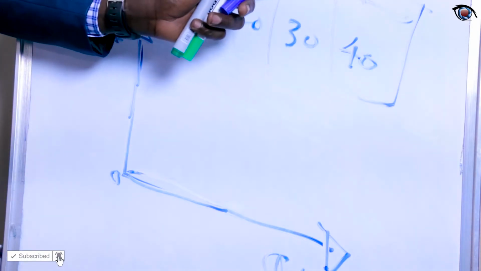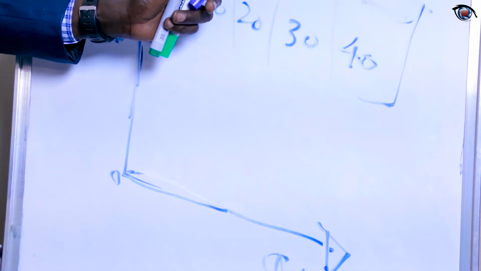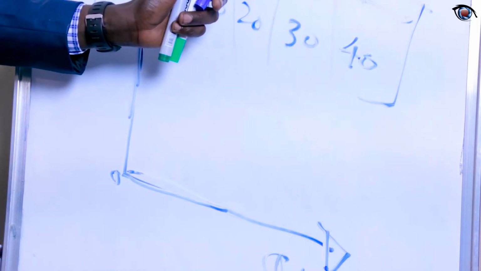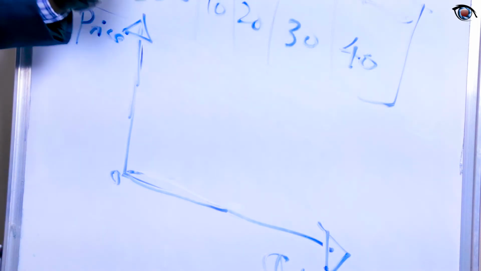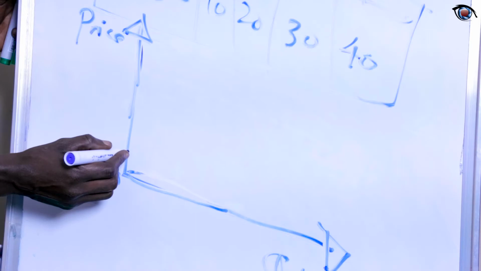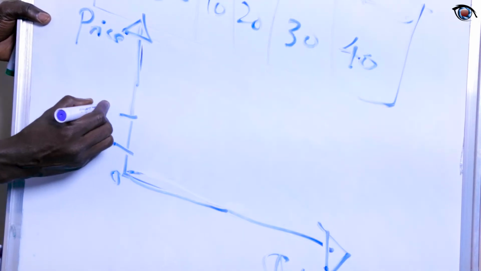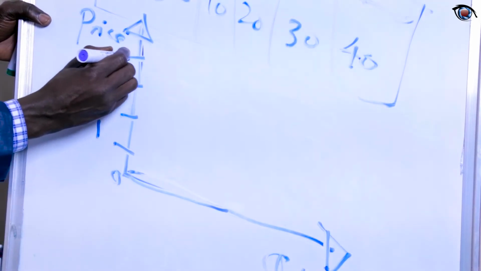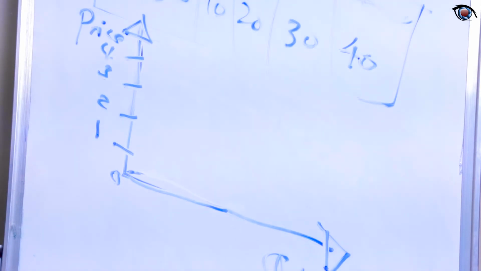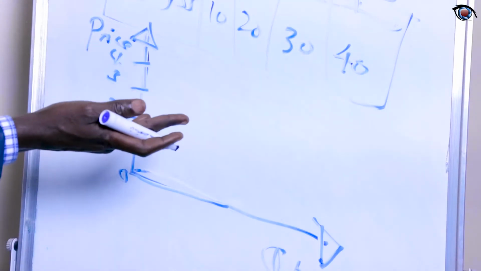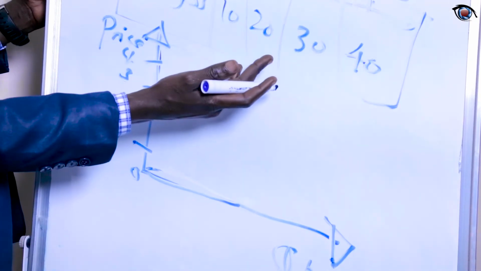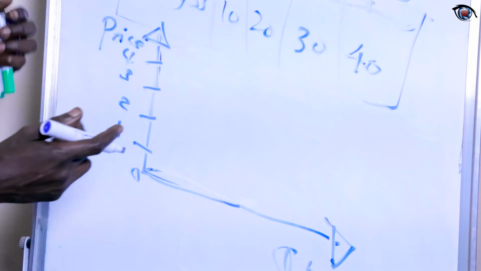Therefore, you can see our price is ranging from 1 to 4, just continuous, 1, 2, 3, 4. So we don't have to use a scale. It is easy now. So we have 1, 2, 3, and here we have 4. How about quantities? Quantities are ranging from 10, 20, 30, 40.